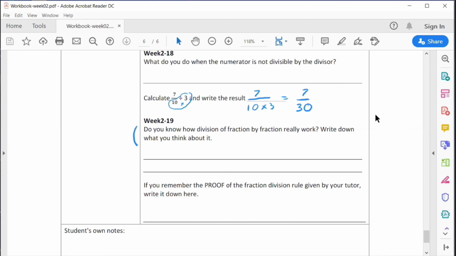Do you remember what I showed you, the proof of fraction division rule? So spend a bit of time, muck around a little bit, see whether you remember how the thing is done.